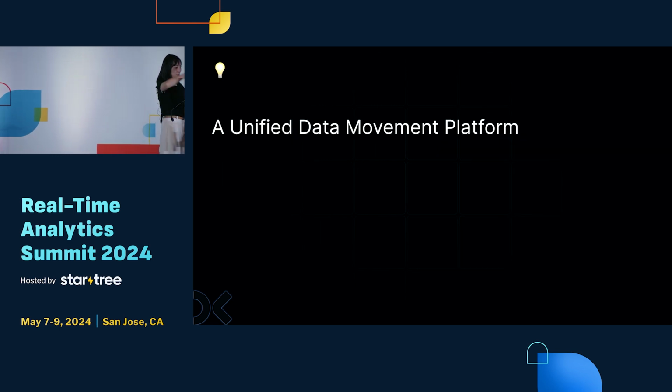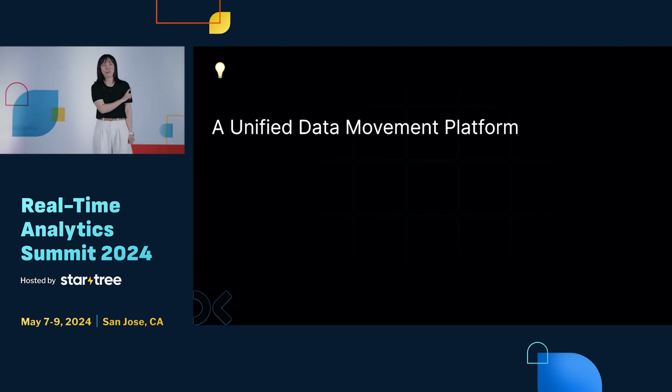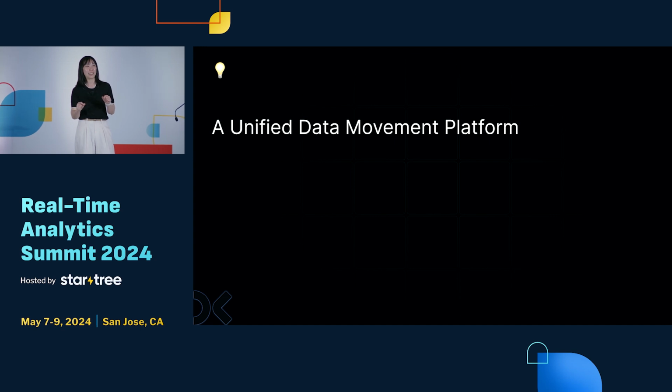So what if we have a unified data movement platform that everyone can just plug in and get what they want? You kind of want it like how you connect your internet cable. You don't care about the implementation there. Data just starts moving. You don't need to care about internally how that gets moved.